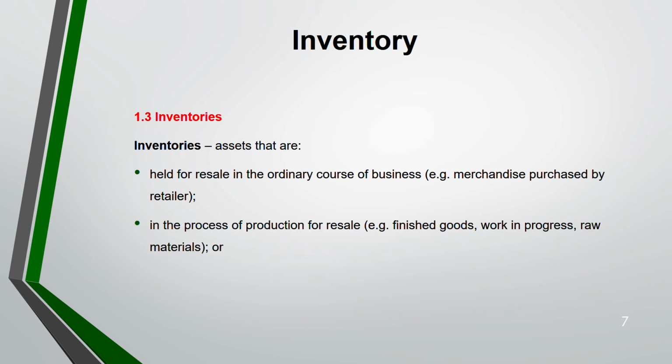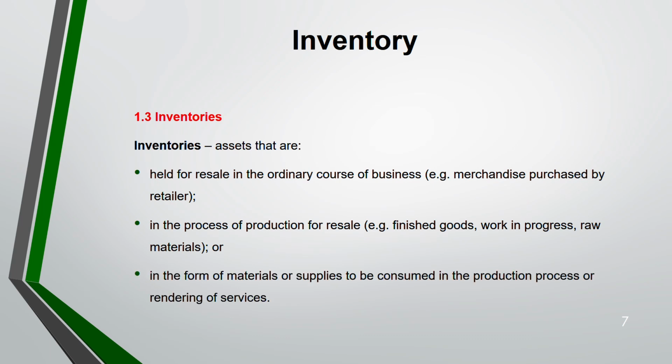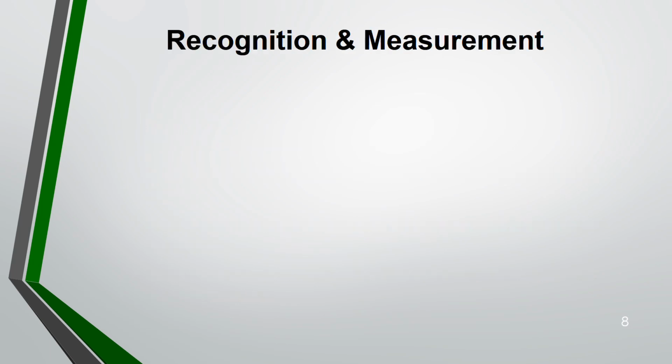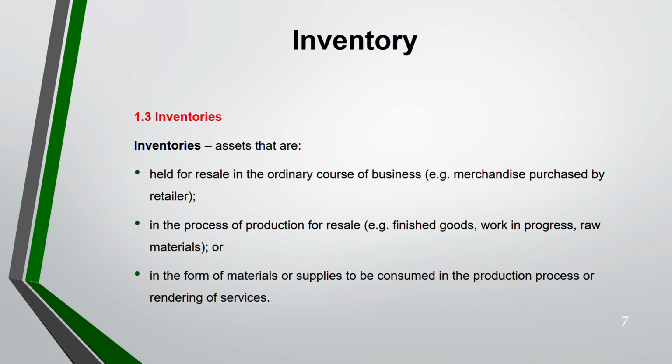And it is something which is in the process of production for resale. For example, finished goods are inventory, work in progress is also inventory, raw material for manufacturing industry is also an inventory, in the form of material or supplies to be consumed in the production process or rendering of service. So remember these three definitions.